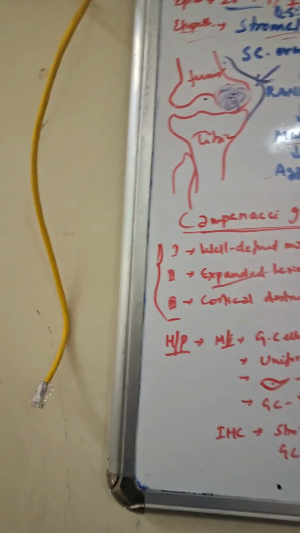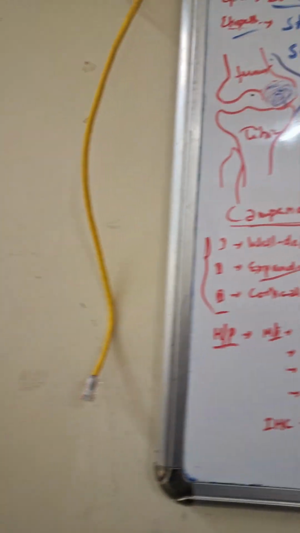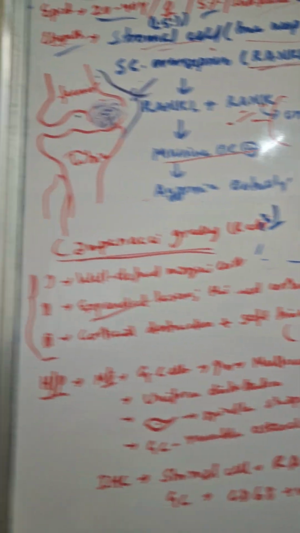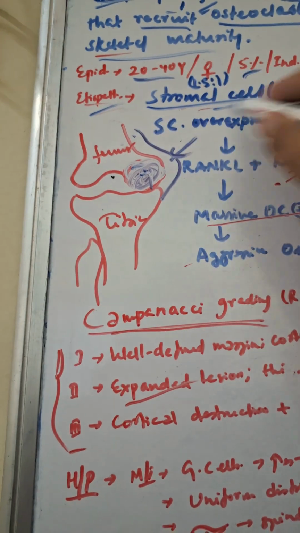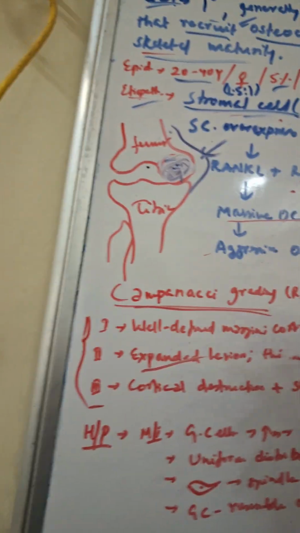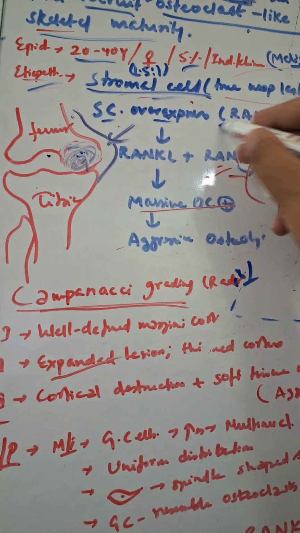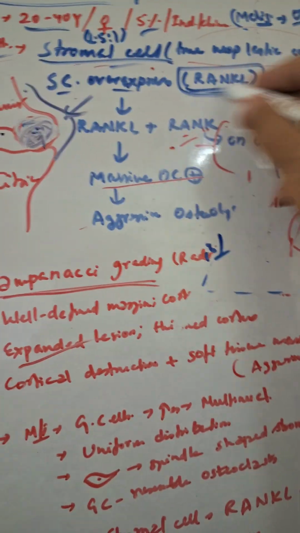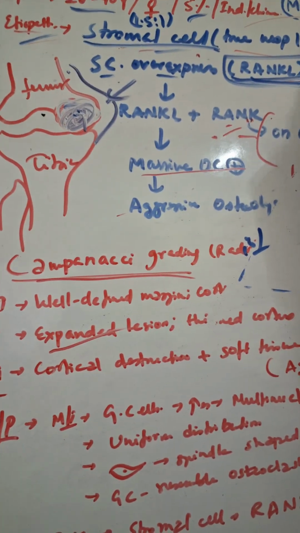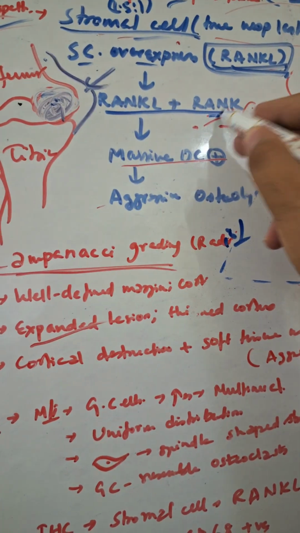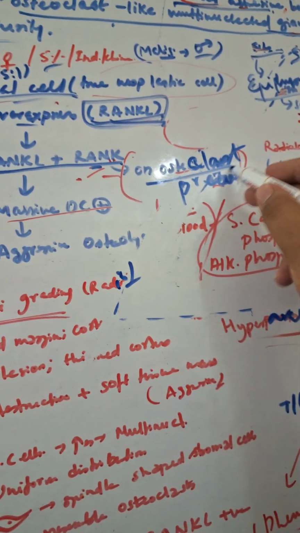Now coming to some investigations. Before going to the investigation, I have missed one part, that is the etiopathogenesis. So let's see. Already I told that the stromal cell is the neoplastic cell here. This stromal cell will overexpress RANKL. This RANKL will go and bind to RANK, which is present on the osteoclast precursor.